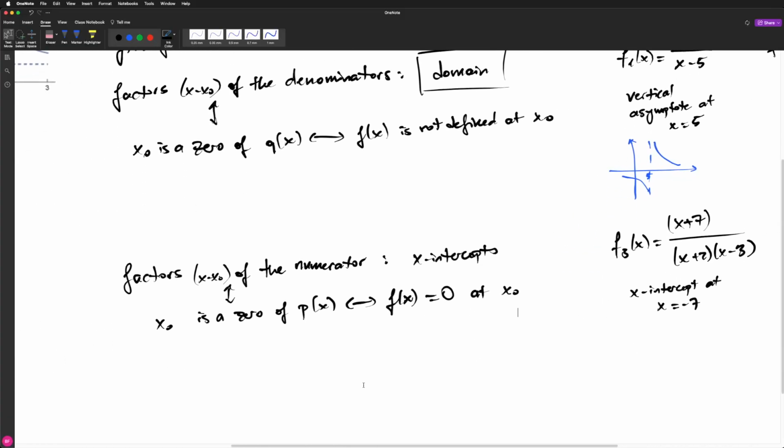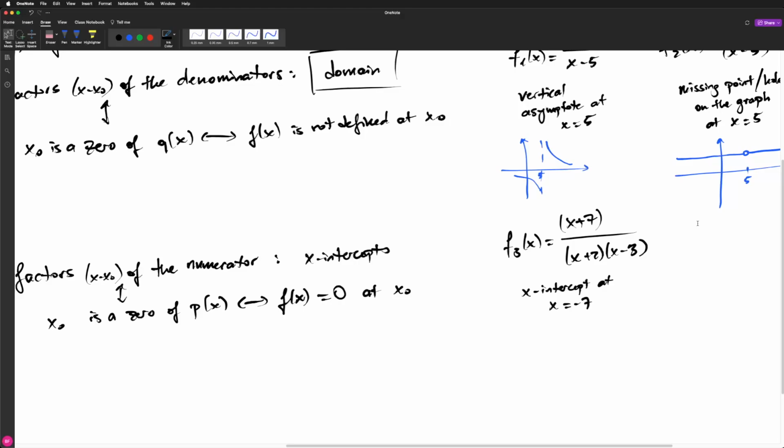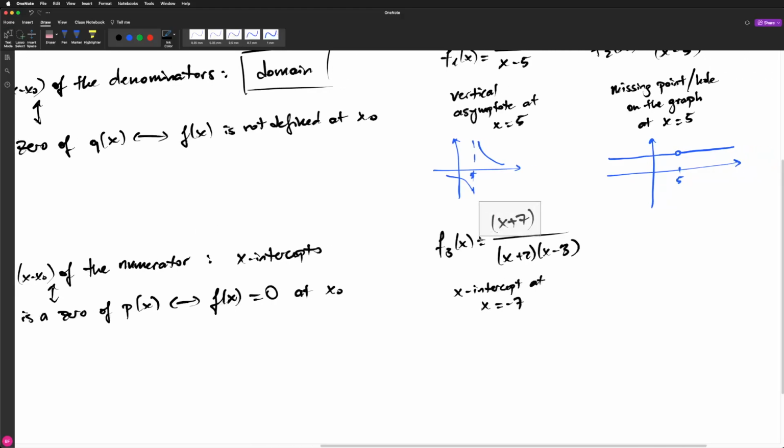On the other hand, if you have a factor of the numerator, you can easily find zeros of the numerator. If you have a factor like x plus 7, then at negative 7 you get 0 over some non-zero number, 9 times 4, whatever it is, and this is going to be 0. But you have to make sure the denominator is not 0 at the same time.